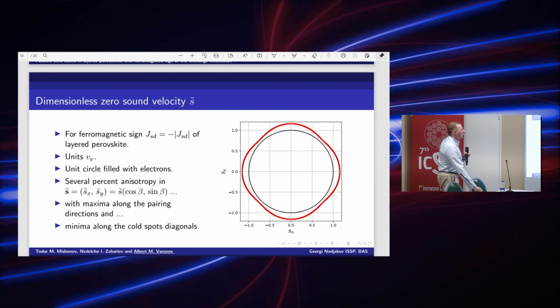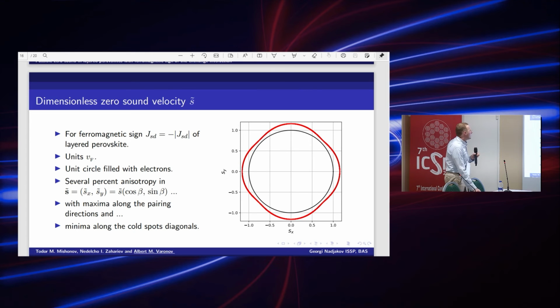So now we come to the results of our calculations. This is a plot for the dimensionless zero sound velocity in units of Fermi velocity, performed for a ferromagnetic sign of the exchange interaction.